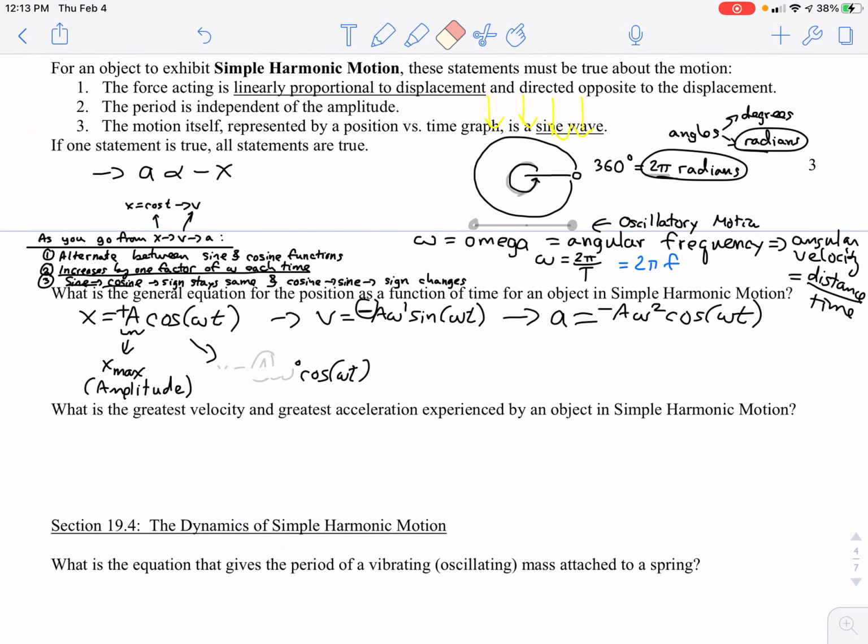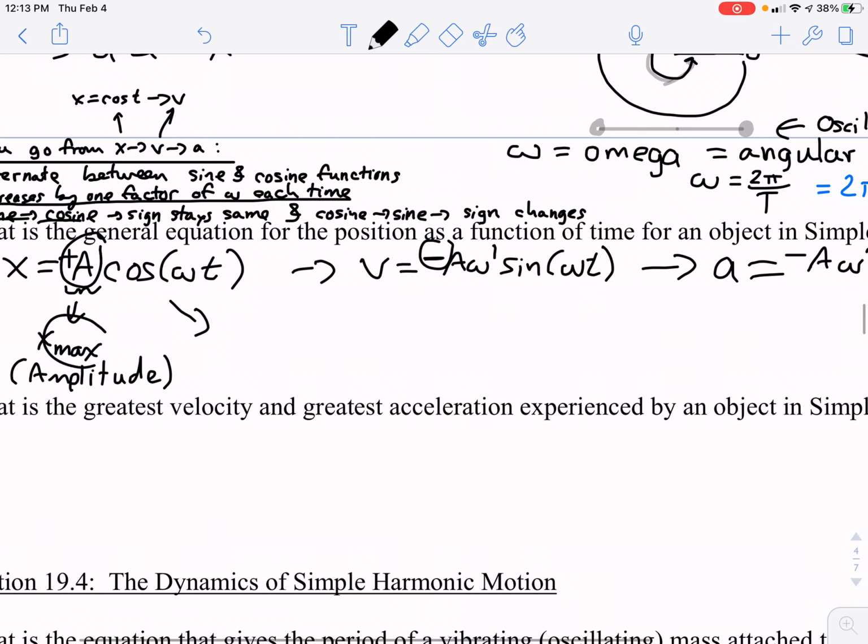Okay, now a couple things to note. If this is x max, then this term out in front here, A omega, that, ladies and gentlemen, is v max. That would be the amplitude.